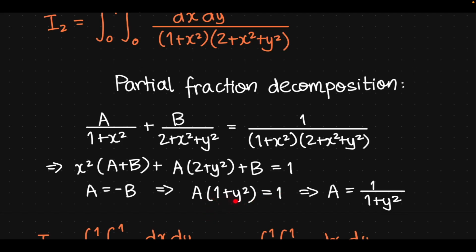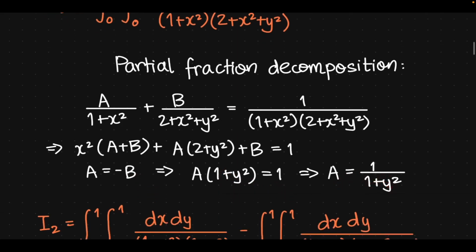So A times 1 plus y squared, where I've substituted B as minus A, equals 1, which implies that A is 1 over 1 plus y squared.